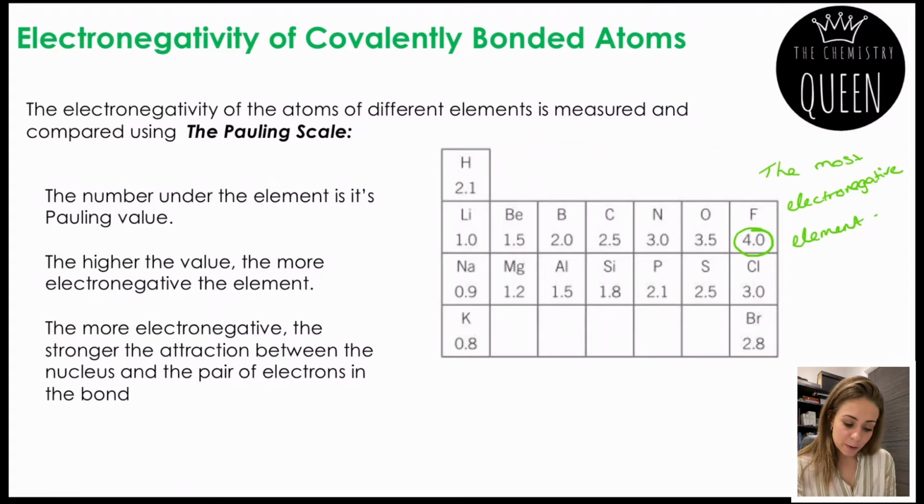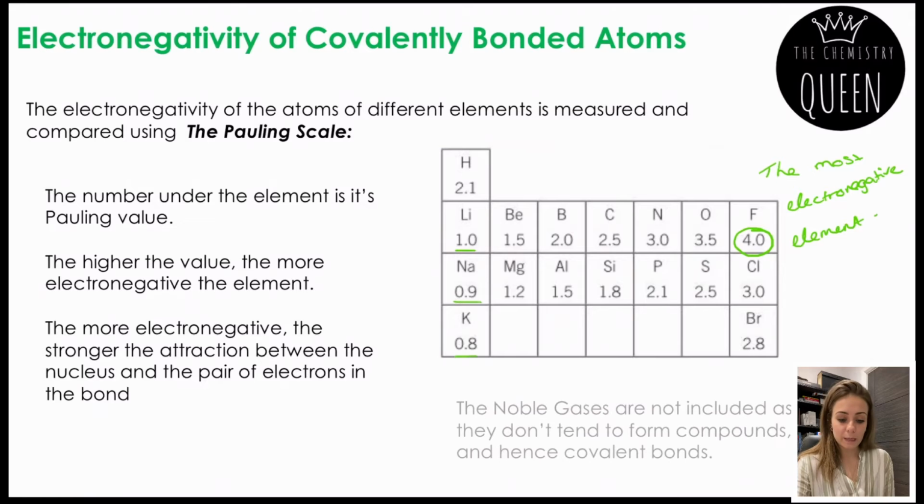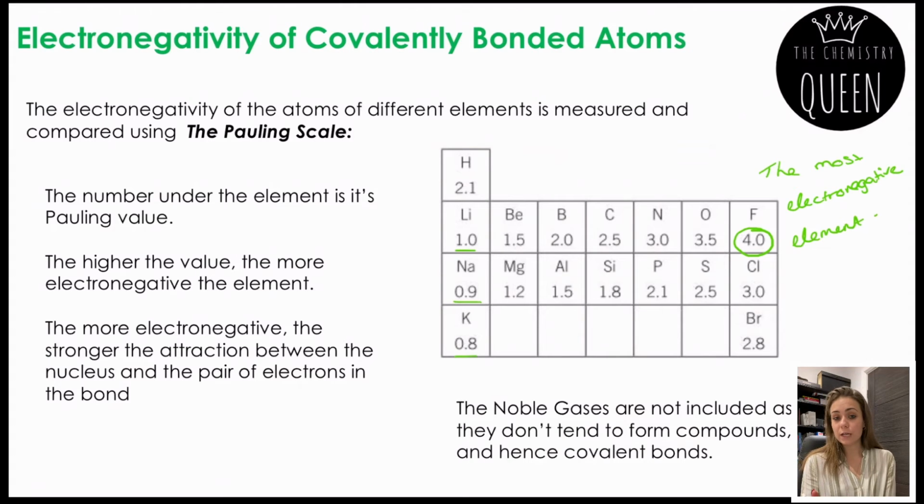We can see from the examples then that the group 1 metals, so lithium, sodium and potassium, have quite low values, which means they are not very good at attracting electrons in a covalent bond towards themselves. So the more electronegative, the stronger the attraction between the nucleus and the pair of electrons in the bond. Now you'll notice then that the noble gases are not included because obviously noble gases don't tend to form compounds because they have their full outer shell.